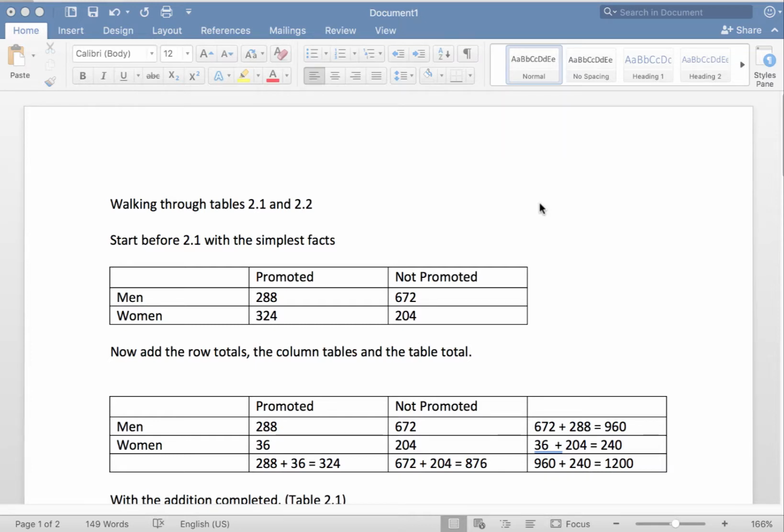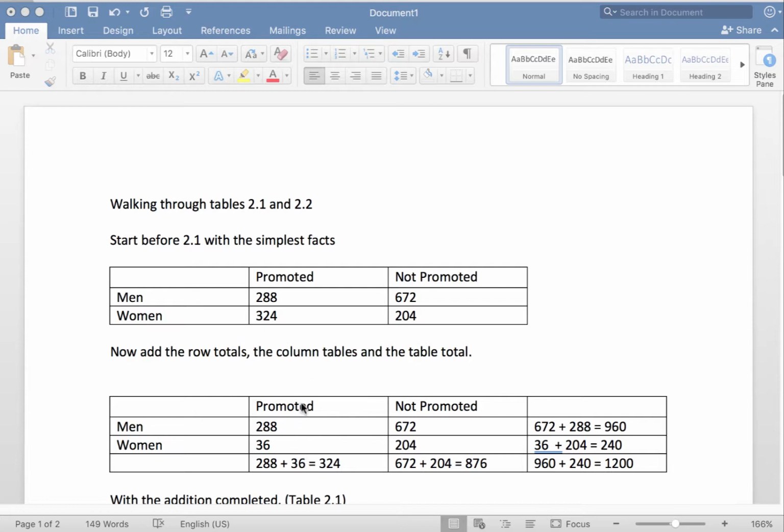Okay, let me walk you through these tables. Here's the basic facts, which would even precede table 2.1. It tells you what you've got in all four basic cells of this table. If you add the row totals, you get to table 2.1.